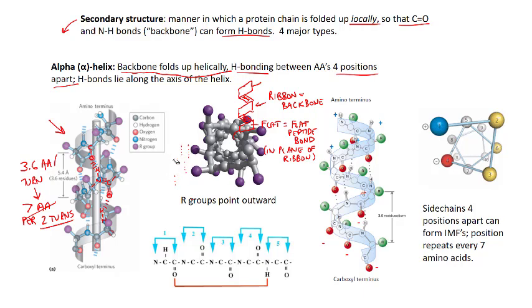So what that means is that a 2-turn alpha helix like I showed here would be roughly 14 amino acids in length.